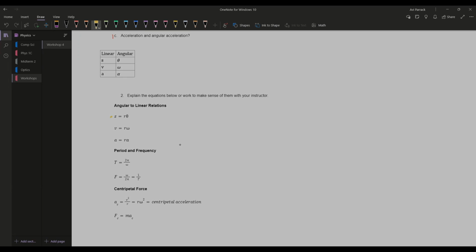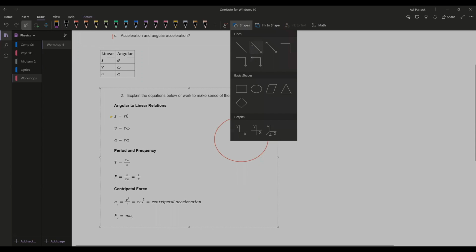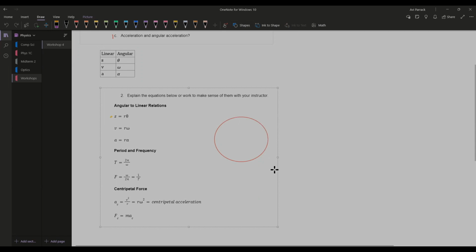This, as you can see, is relating these linear and angular quantities, and that makes sense. If we go back to our circle and take a look at this, the linear motion, let's say our circle is rotating this way, going clockwise, rotating around.